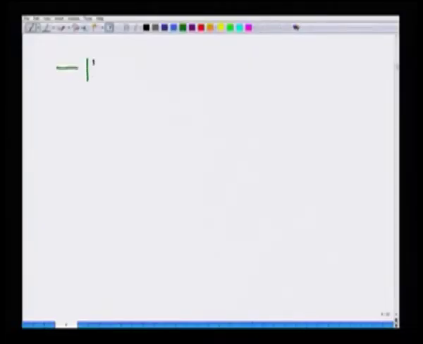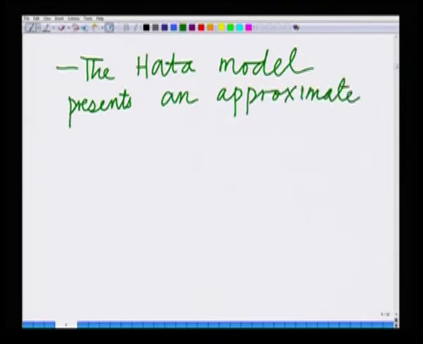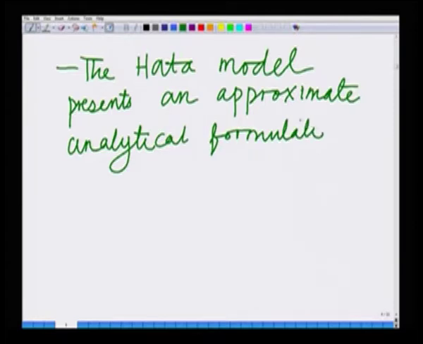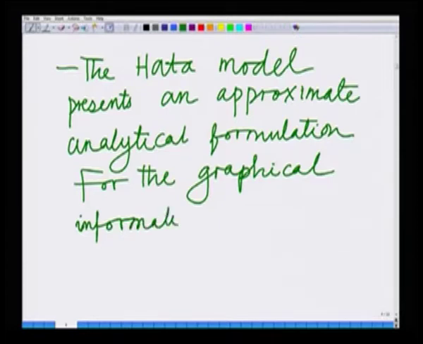The Hata model presents an approximate analytical formulation for the graphical information provided by the Okumura model.